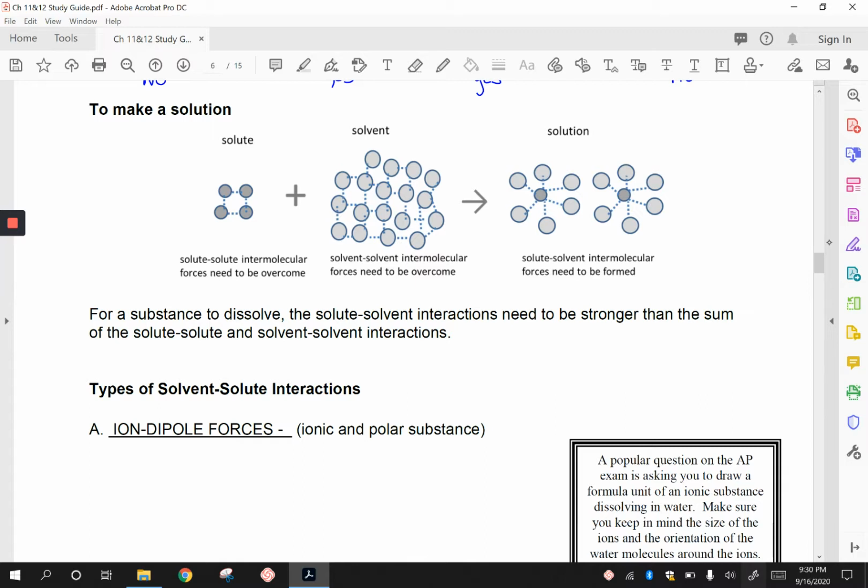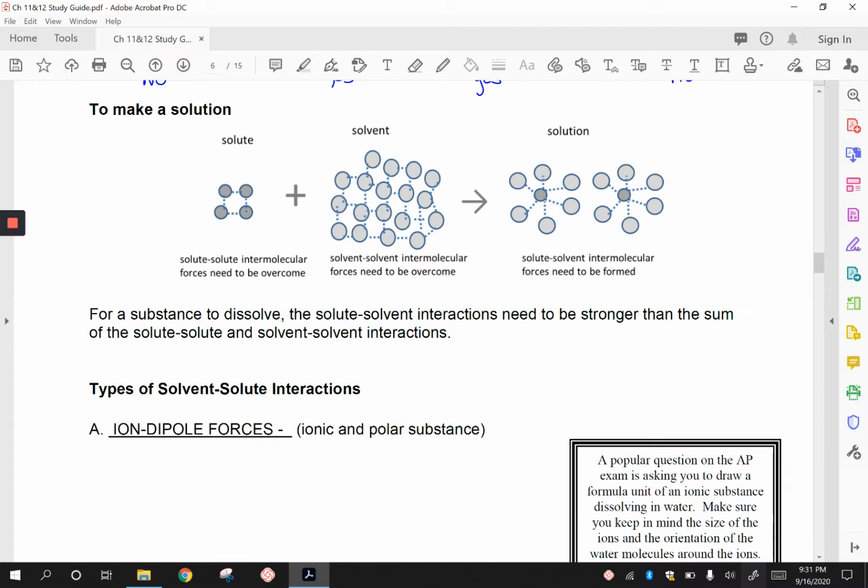So in order for a substance to dissolve, the solute-solvent interactions, that attraction between the solute and the solvent, needs to be stronger than the sum of the solute-solute and the solvent-solvent interactions. What does that mean? In order for this to be favorable, I need that attraction between the solvent and the solute to be stronger than the attractions between the solute-solute and the solvent-solvent.